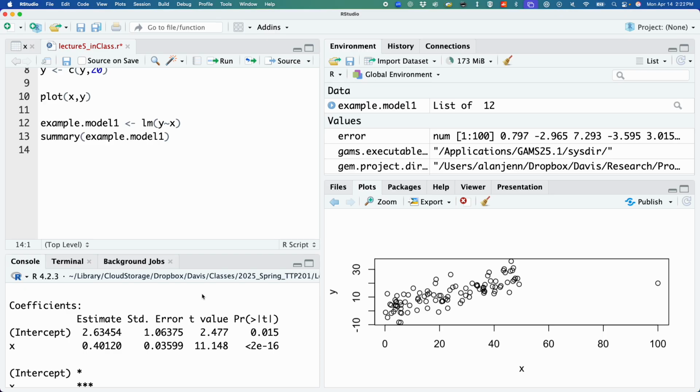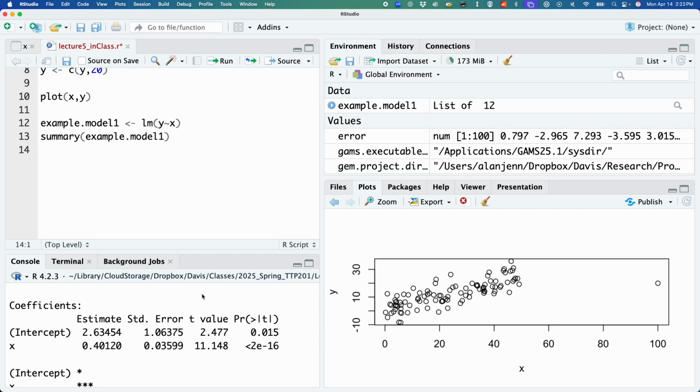So now we have a slope of about 0.4, so about 20% off. And then we now have an intercept of about 2.6, and it's statistically significant, right? So the intercept has been shifted up and the slope has been shifted down, which is kind of what you would expect, right?